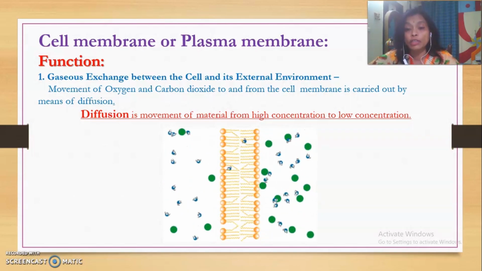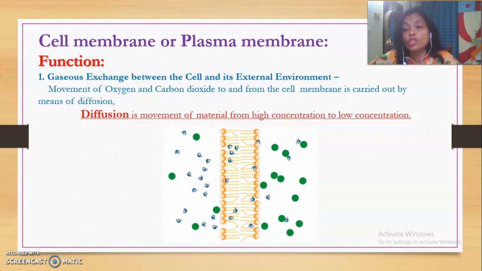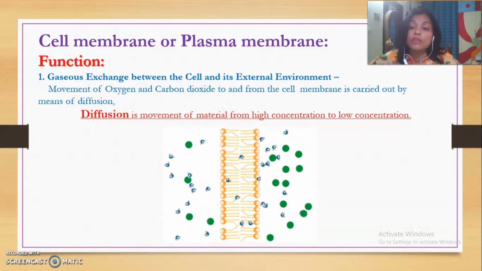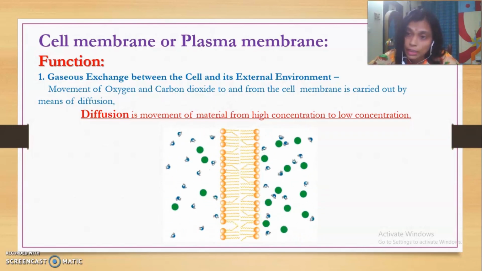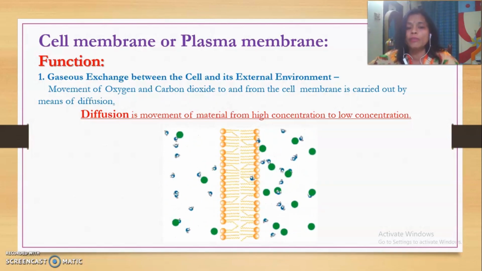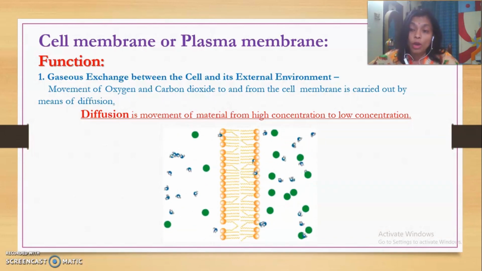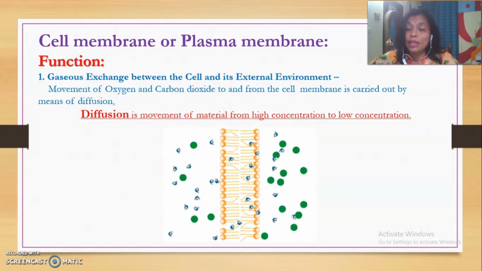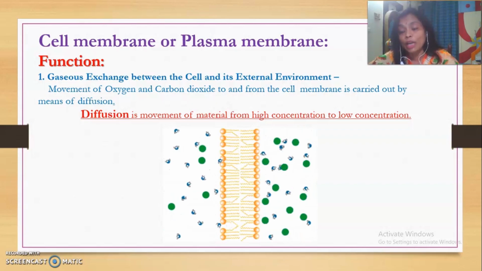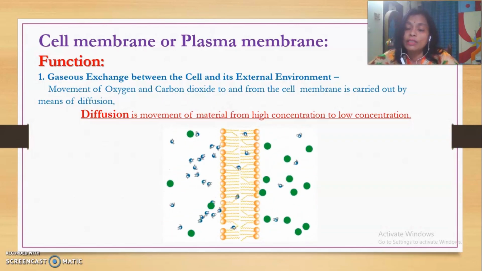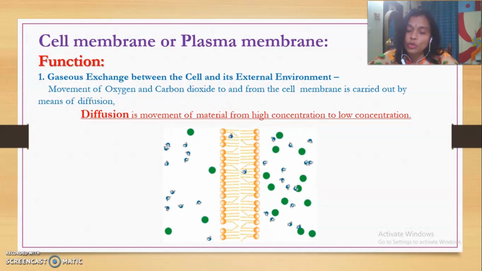This carbon dioxide needs to go out and oxygen should come inside the cell, and this takes place by the process of diffusion. We have already studied diffusion, the movement of material from higher concentration to lower concentration. Oxygen is more outside the cell, so it moves in, and carbon dioxide is more inside the cell, so it moves out of the cell by the process of diffusion.